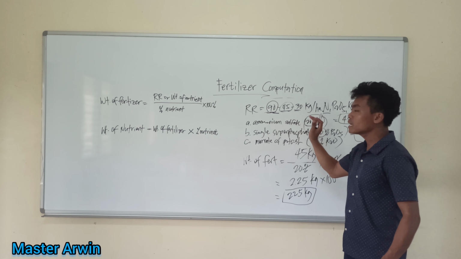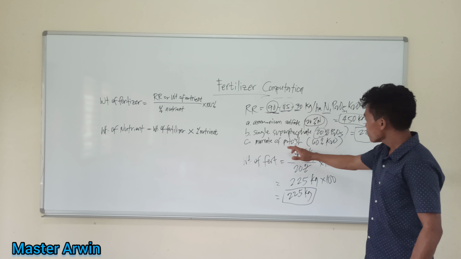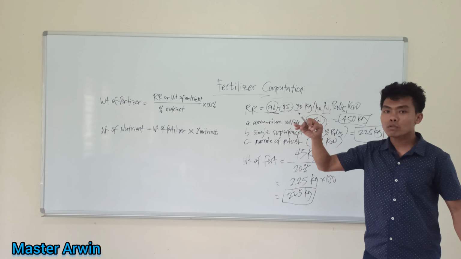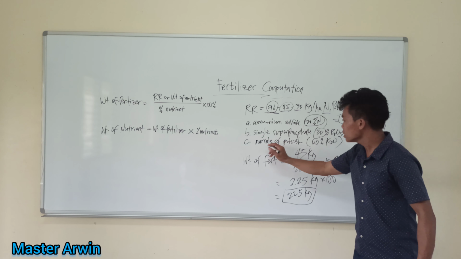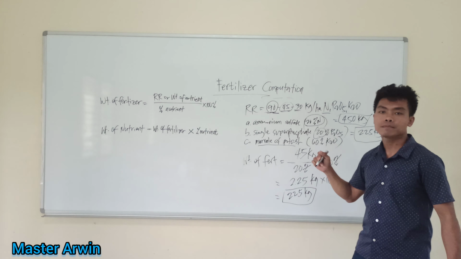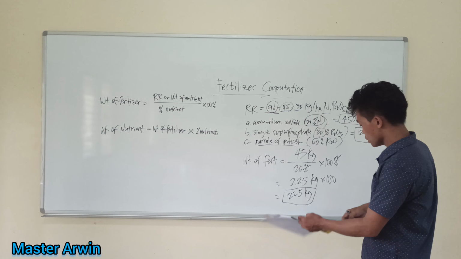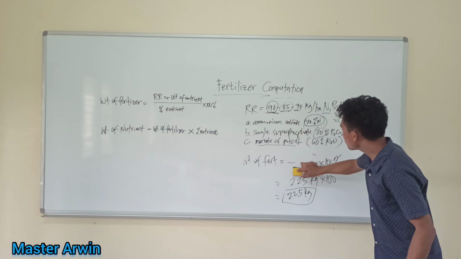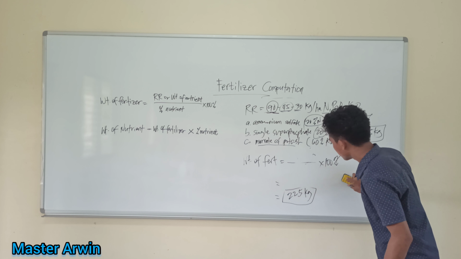So another, we have this potassium. So, to suffice the needs of 30 kilograms of potassium, we will use this muriate of potash having a 60% potassium. So, the same process. We have the same formula to be used. Okay?